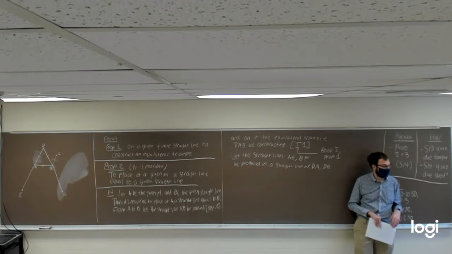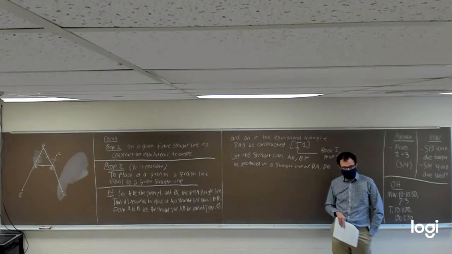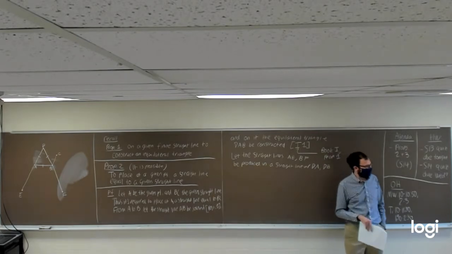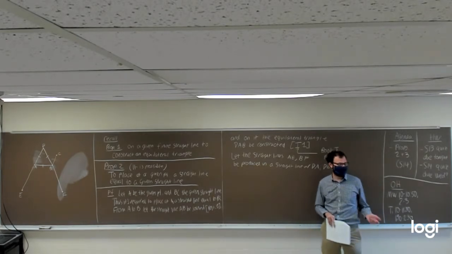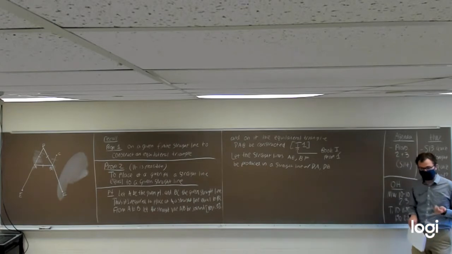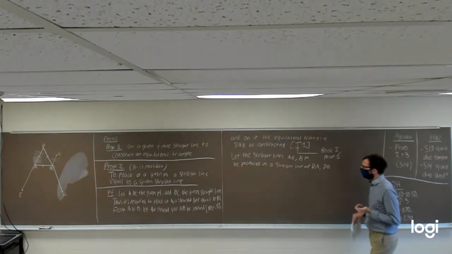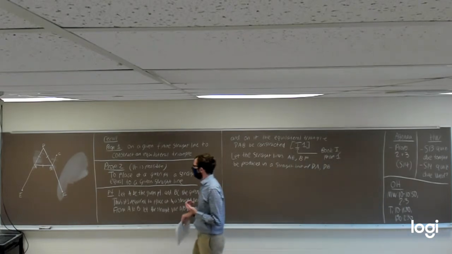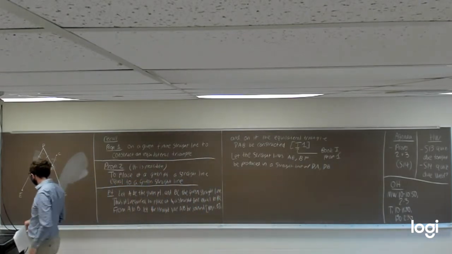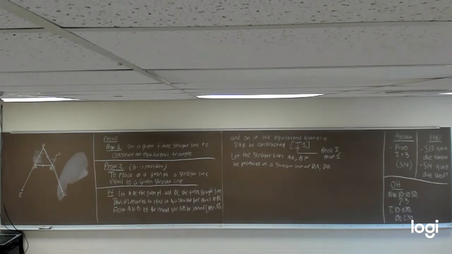It's postulate 1? To draw a straight line from any point to any point, or there's another one: to produce a finite straight line continuously in a straight line. Yeah, I think this one's going to be postulate 2.